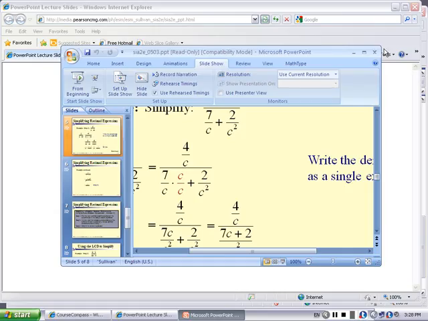Now you would like to multiply by the LCD. What is the LCD? This is (x − y), this is x, this denominator is y. So what is the LCD? They are all different, right? So the LCD will be all of them multiplied: x times y times (x − y). Is that okay? Yes or no? Yes.